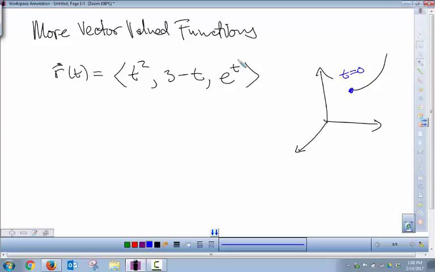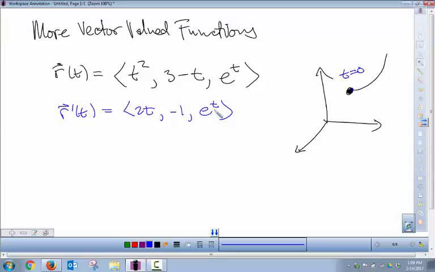All right. So we took the derivative once. We got r prime of t, and then we get 2t, -1, and e to the t. So this is the velocity function. We have the position.